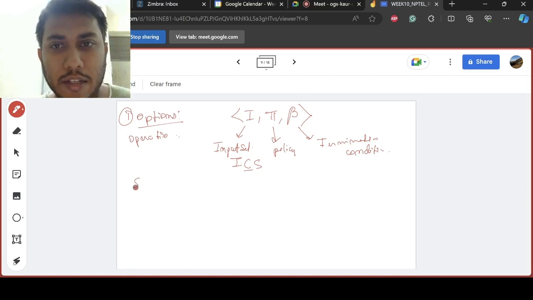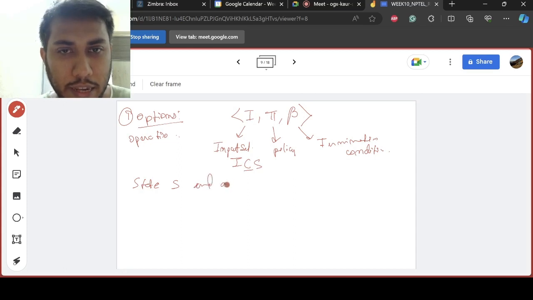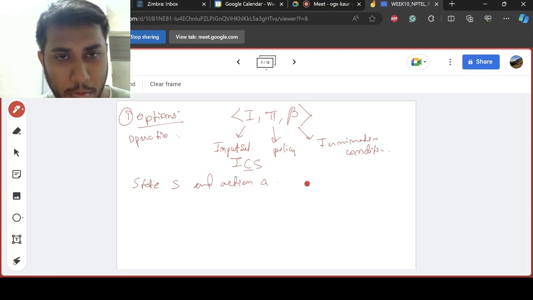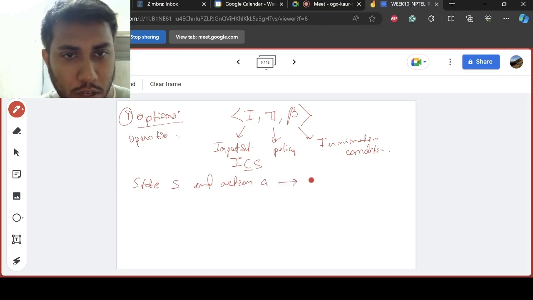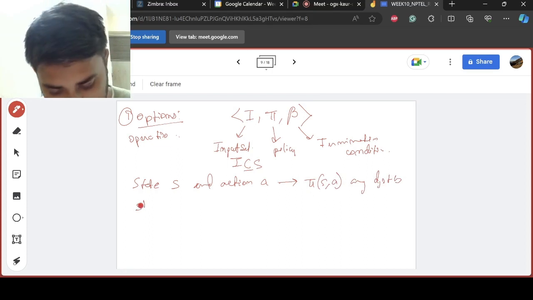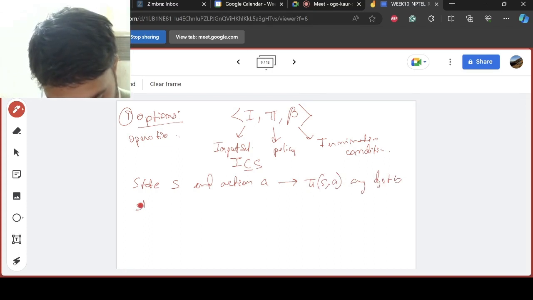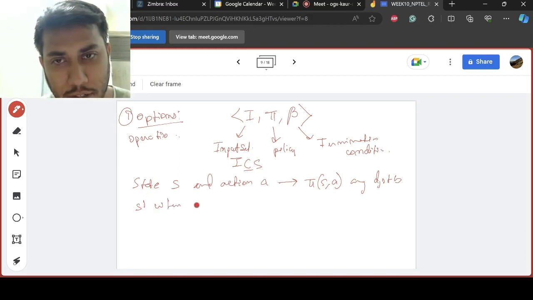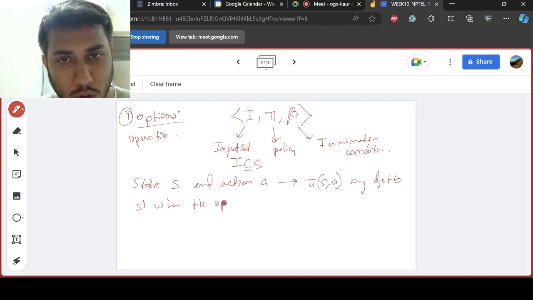Suppose you are currently at state S and you take an action A. It follows pi of s, a and goes to s dash, where the option terminates by a function this.